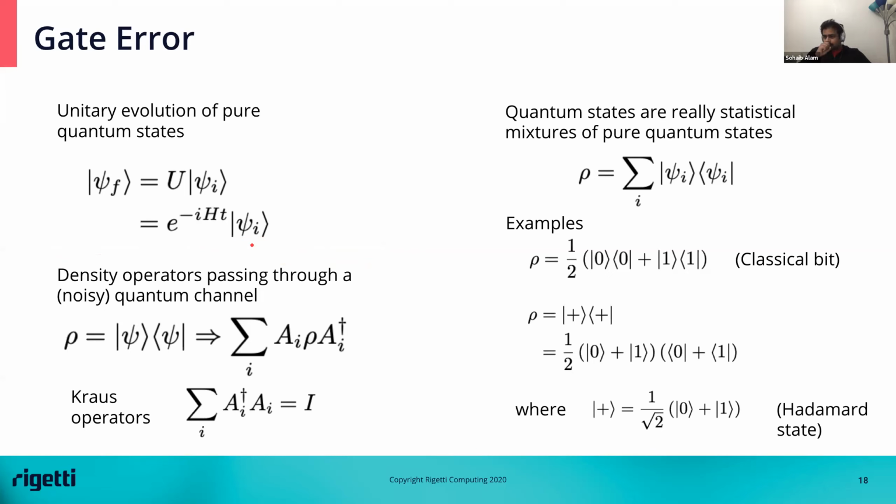So essentially, when we talk about basic quantum mechanics and Schrodinger's equation, Schrodinger's equation is saying that if you take some initial quantum state psi, which is what we call a pure quantum state, then if your system has a particular Hamiltonian, and the Hamiltonian is something that governs the dynamics of a system.